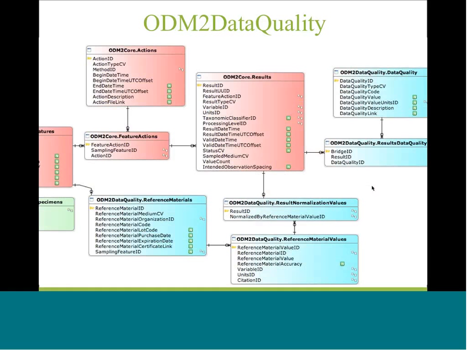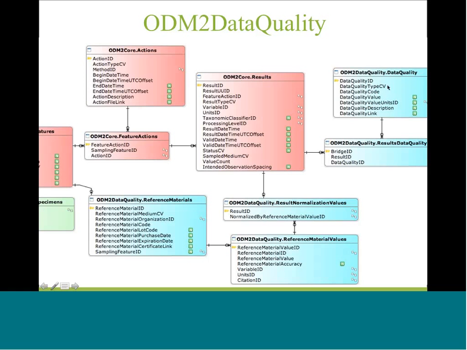We realize that results are really often hard to interpret without good data quality information. In some fields, it's an absolute requirement. So there are kind of two levels of data quality. There are general data quality tags that might go onto results, such as, what is the precision of this measurement?